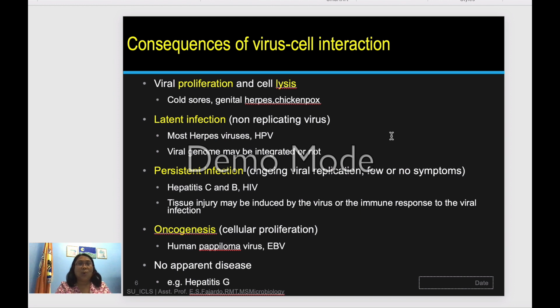Okay, so in latent infection, it can be that the viral genetic material is integrated into the host chromosome, host DNA. Okay? So, or it cannot also be. It will just stay there for as long as you have the living cell.